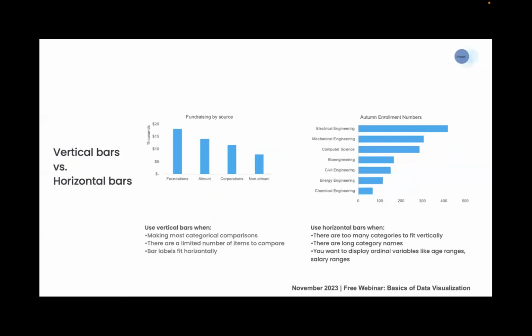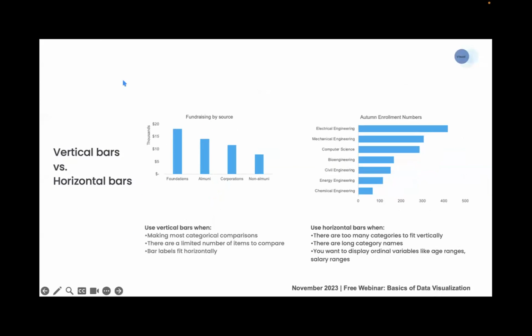Another thing, I'm a little surprised when it comes to the horizontal and vertical chart decision. I still hear questions like, hey, Seth, which one should I use? So I want to share when to use vertical bars, when to use horizontal.